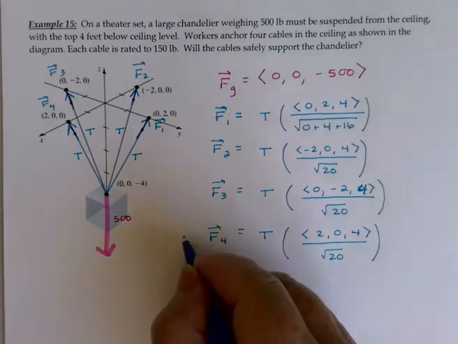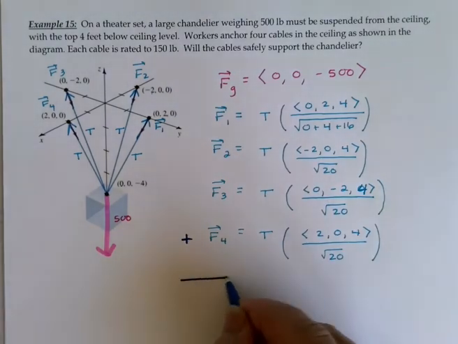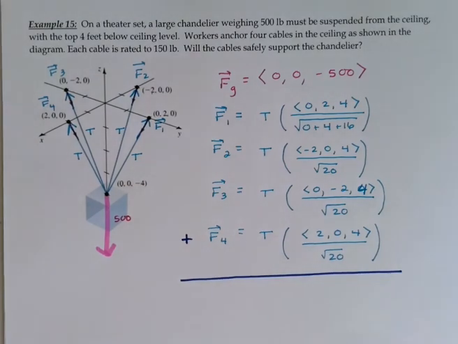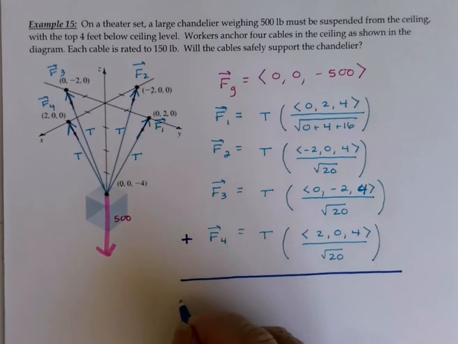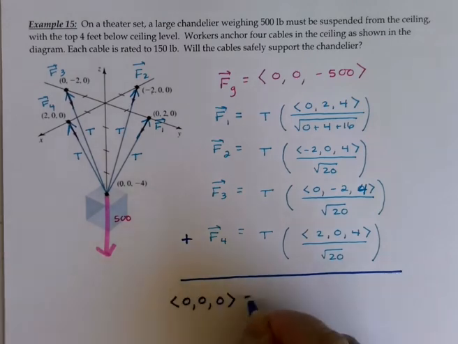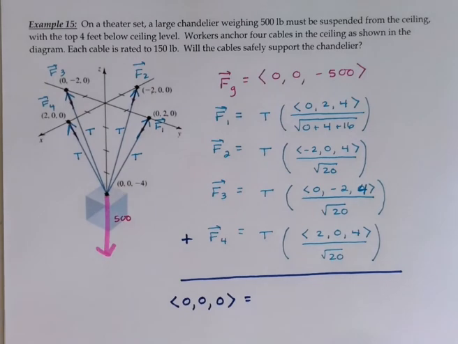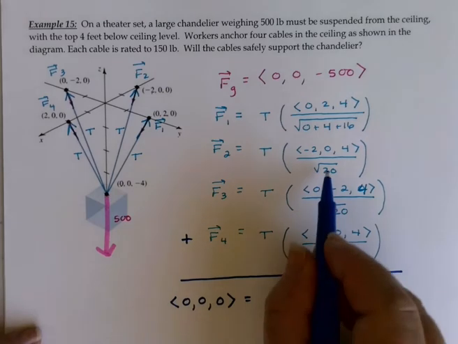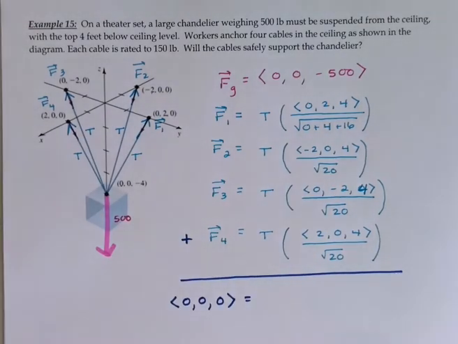All right, when I add up all 5 of these vectors, because the chandelier is not moving, hopefully, we want the result to be 0. Equilibrium, right? Let's see if we can do a little mental arithmetic here. The denominator on all of these is the same, the square root of 20.